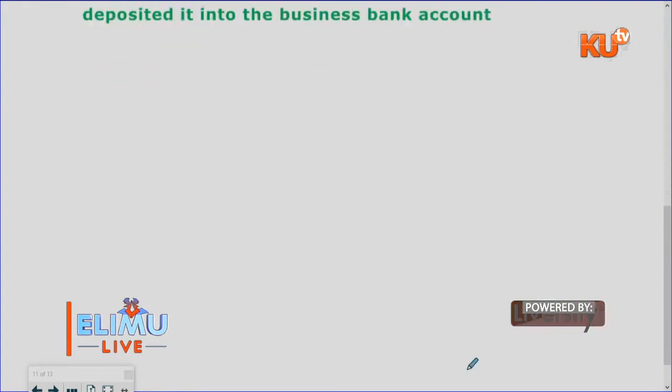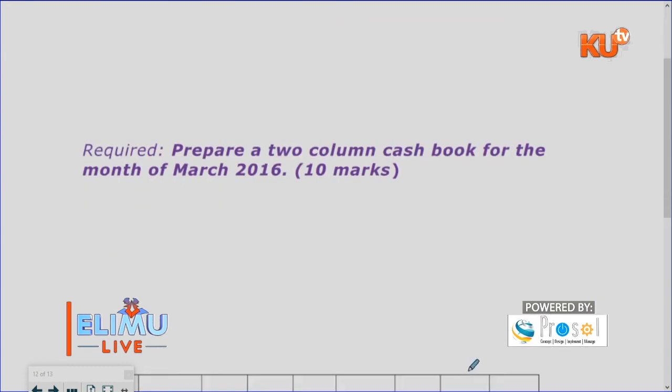You are then required to prepare the cash book for the month of March 2016.